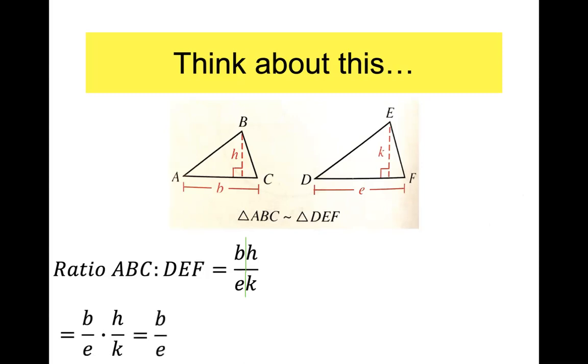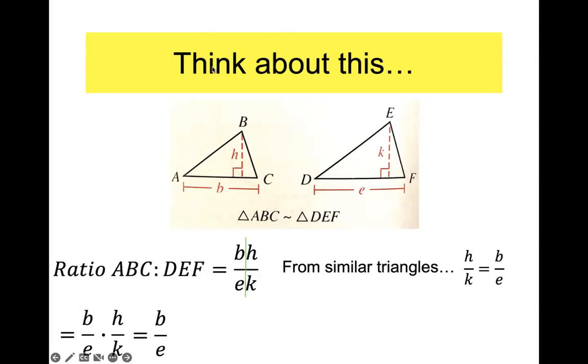So I start with the B over E, but this time I'm not going to write H over K. Why? Because remember, for similar triangles, you get that proportion right there, which is what we started with: H over K is equal to B over E. So I could do a substitution.